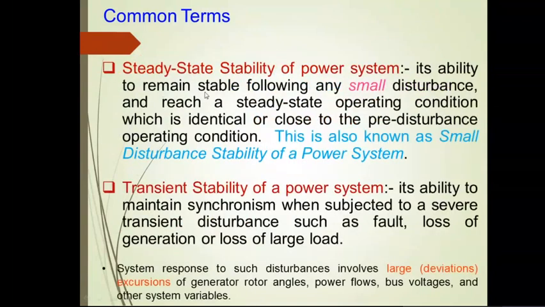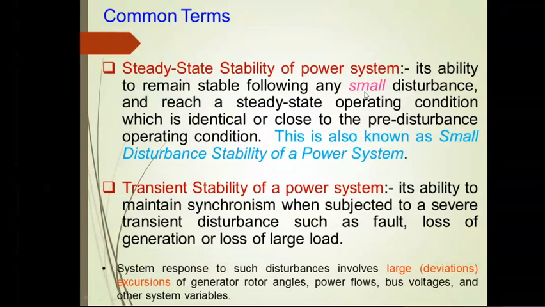Now let us understand what steady state stability is. As per the definition of power system stability, it refers to the ability, and we use a similar definition here: the ability of the power system to remain stable, because we say steady state, following a small disturbance.